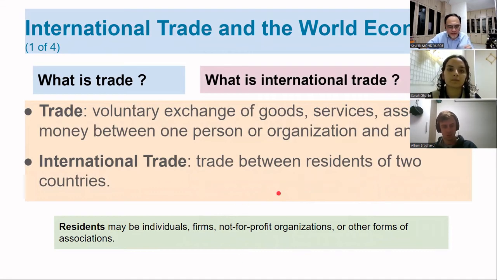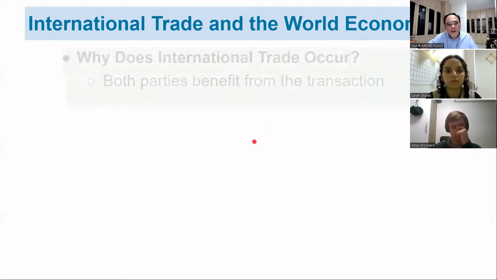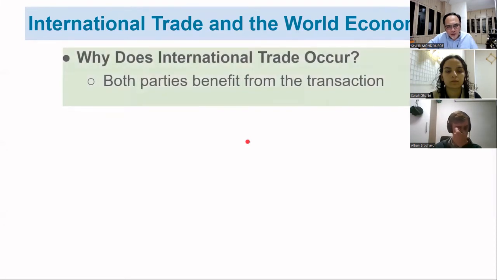But we look at a little bit of history. If we don't look back into history, then we do not know how it arrived at today. Of course, today international trade is so complex and complicated, with so many institutions and organizations involved. But we want to try to simplify it a bit. So why does international trade occur? Obviously, because both parties benefit from the transaction.